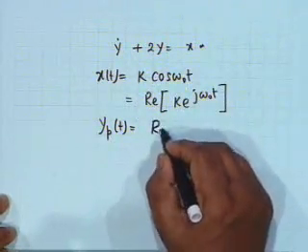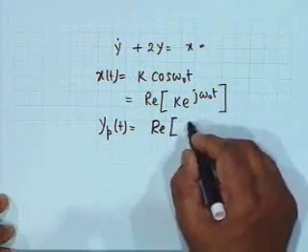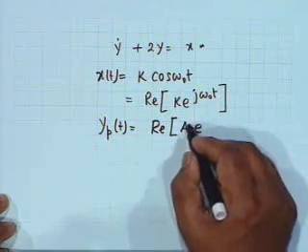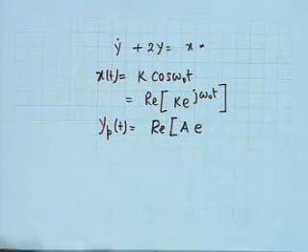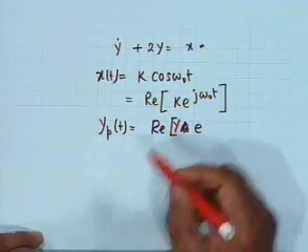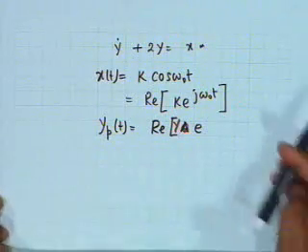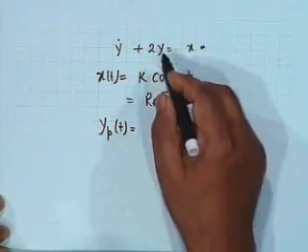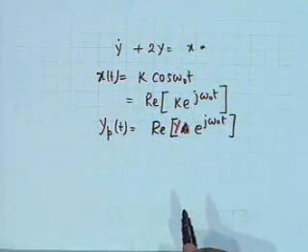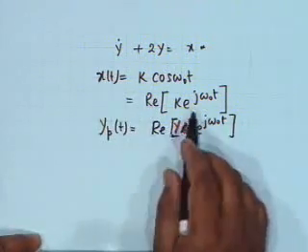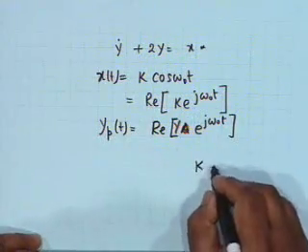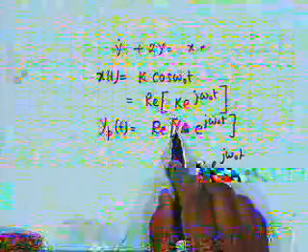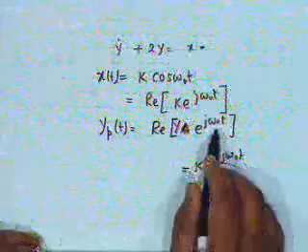In other words, it would be of the form real part of some constant, let's call it capital Y, times e to the power j omega 0 t. If you substitute this in this equation and forget about the real part, that is, assume x equal to k e to the j omega t, and assume y p of t as capital Y e to the j omega t, finally, we shall take the real part.